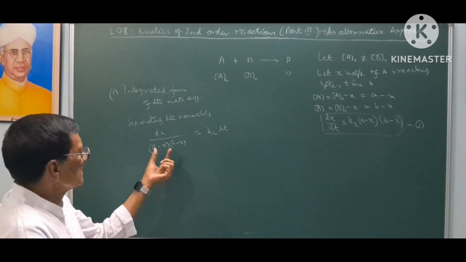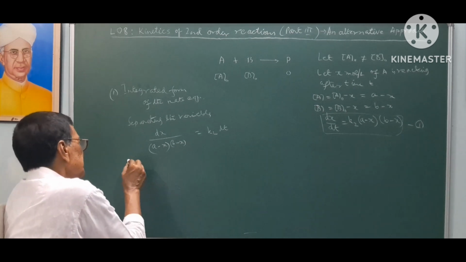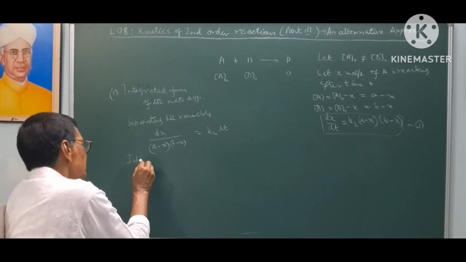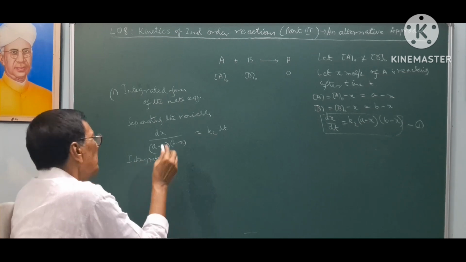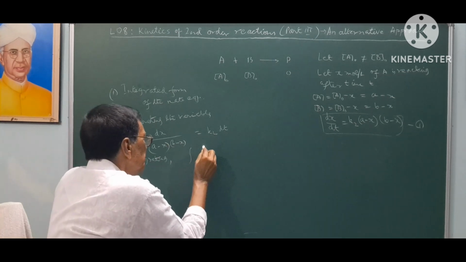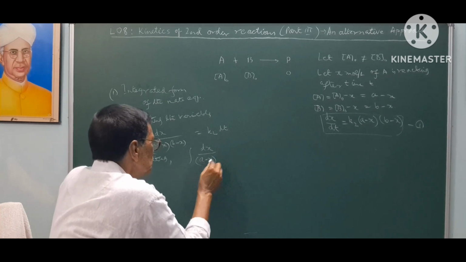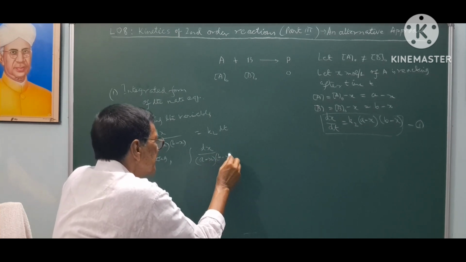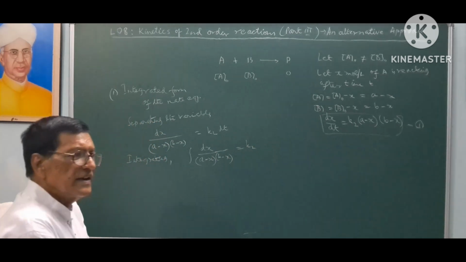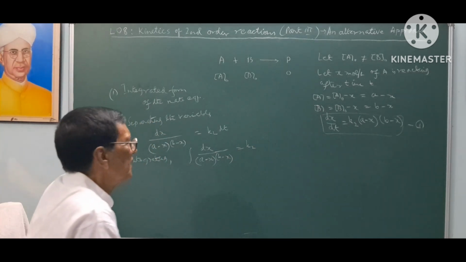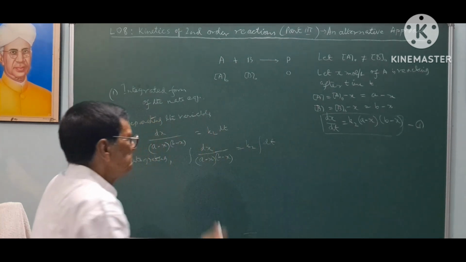This integration is not easy. Now integrating: the integral of dx divided by (A minus x) into (B minus x) equals k2, the time independent constant, times the integral of dt.